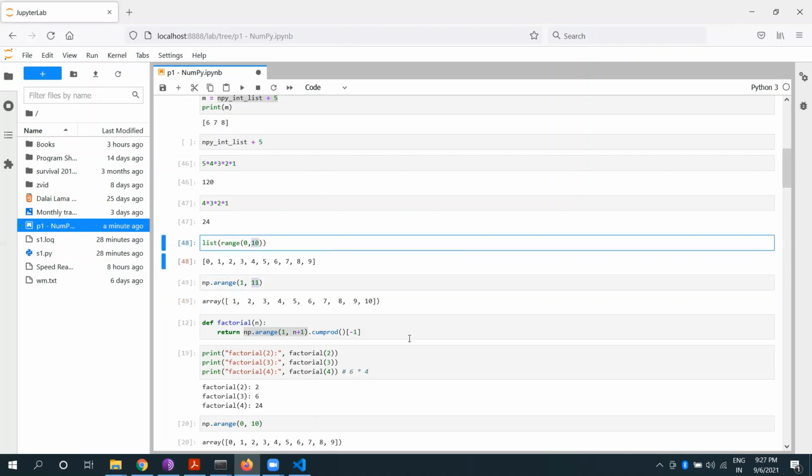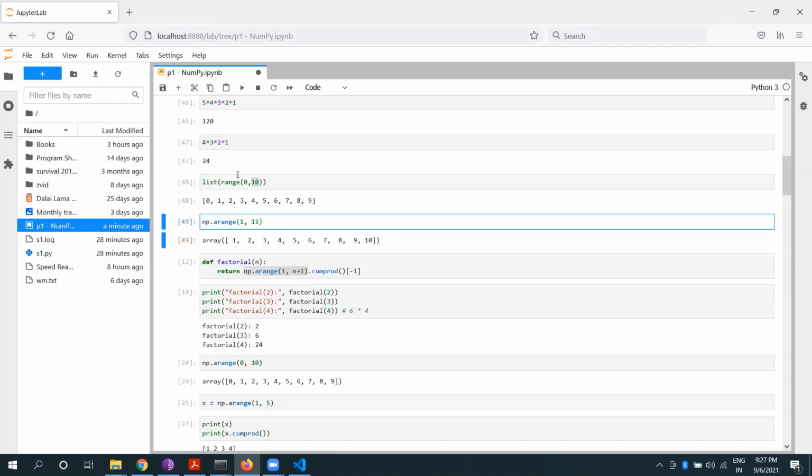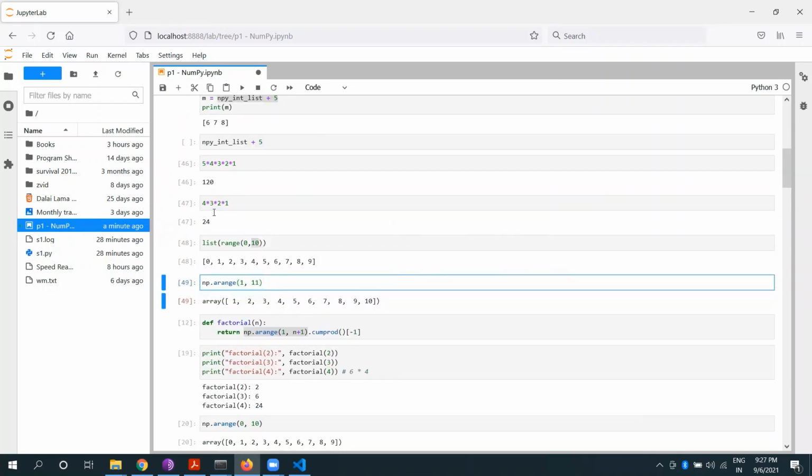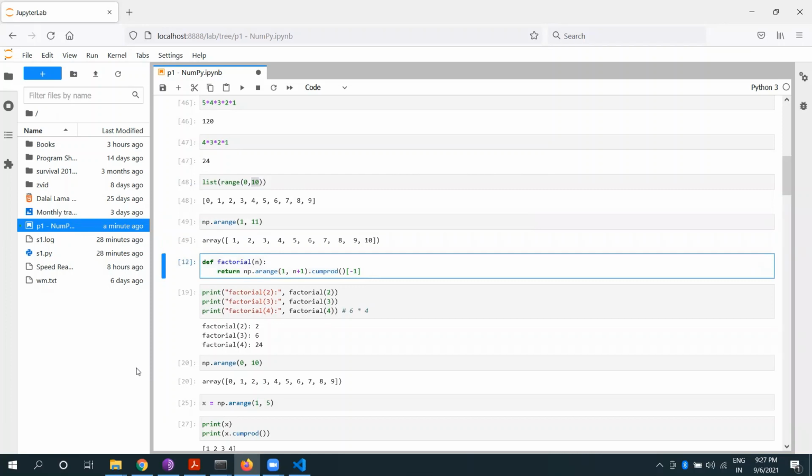Now we were speaking of factorial. This is a simple mathematical function that we implement using NumPy. Cumulative product is, so NumPy is a numerical package. At times we have to do a lot of numerical computations.